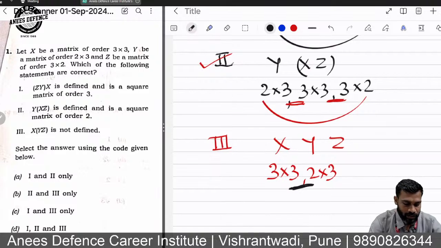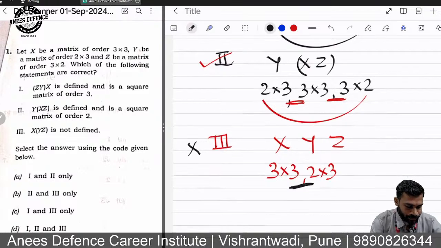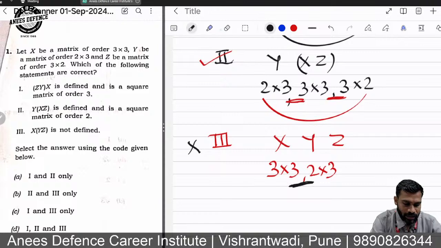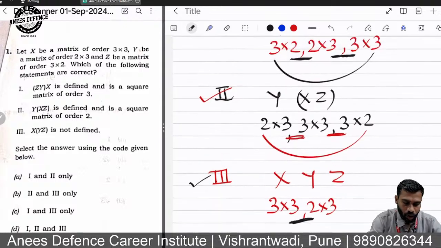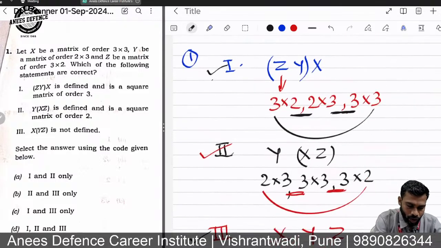Both are not equal. That is why it is not defined. So the third statement is correct because it is not defined, as already given. So D is the right answer. All are correct, so option D is the right answer.